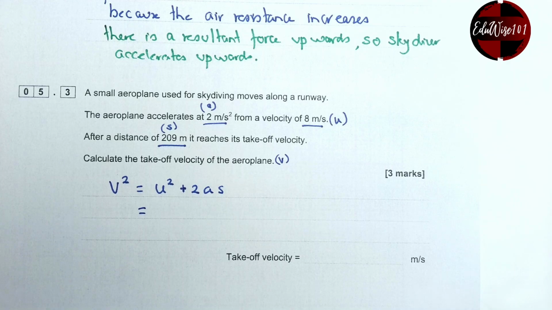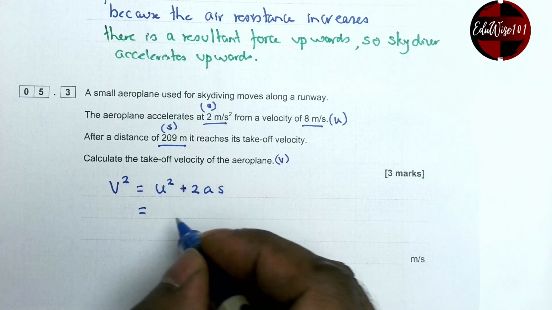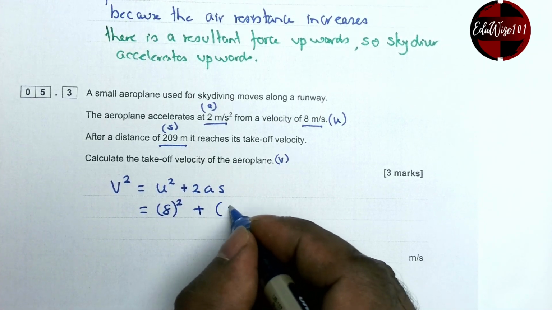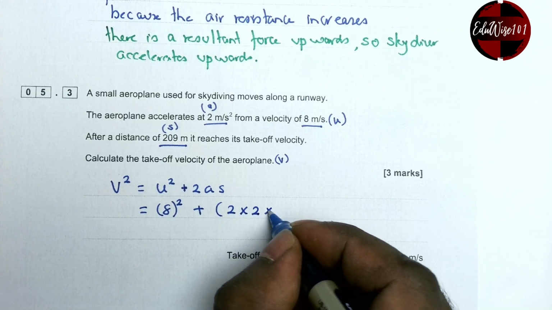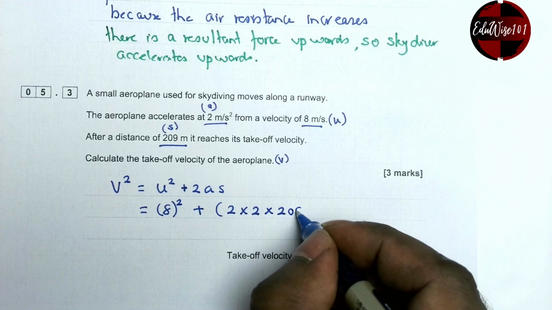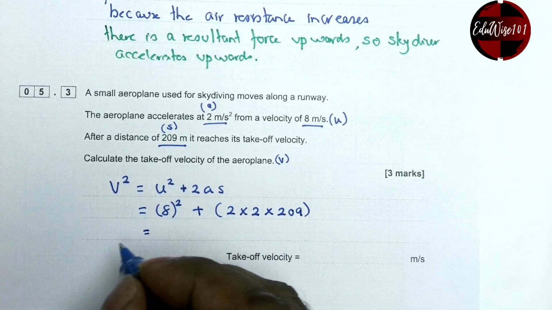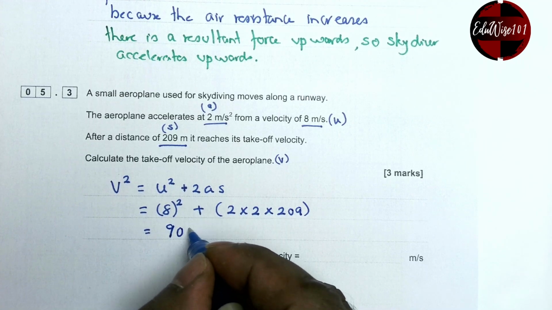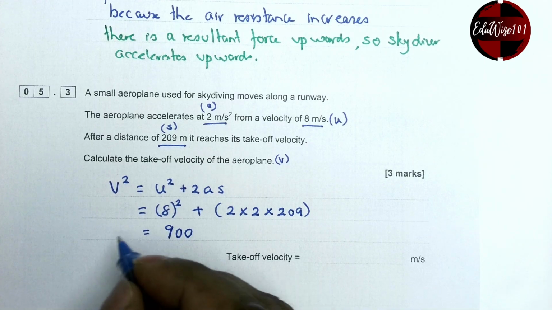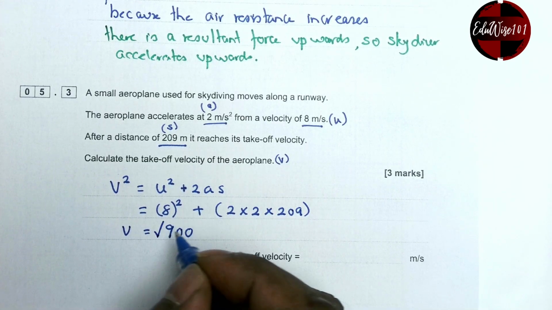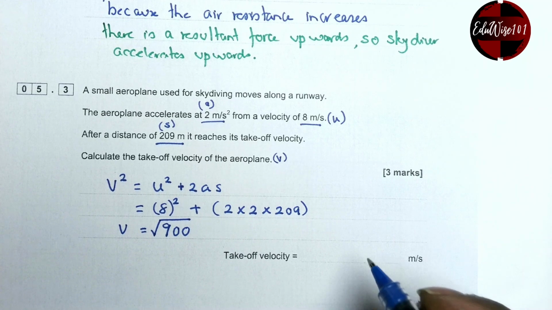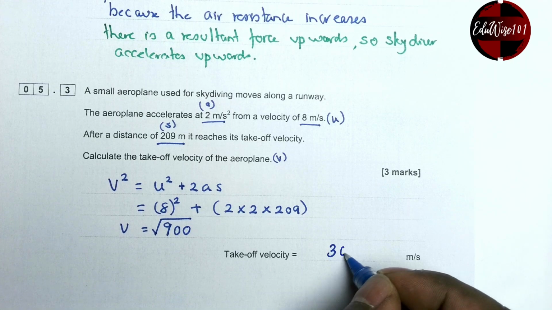If I substitute the values, initial velocity is 8 squared plus 2 times the acceleration, which is 2, and the distance is 209. That gives me 900. That will be v squared. So v would be the square root of 900, and that will give me an answer of 30.